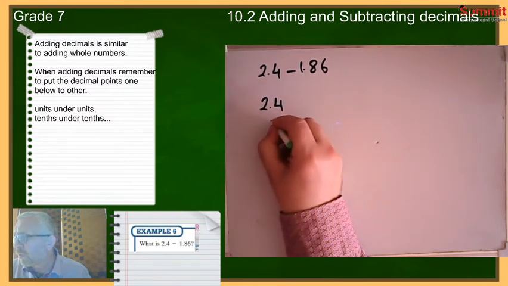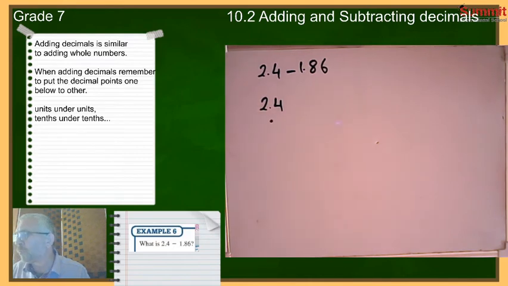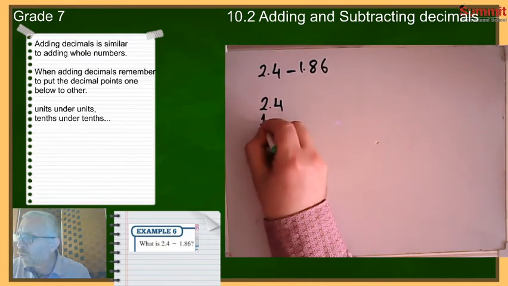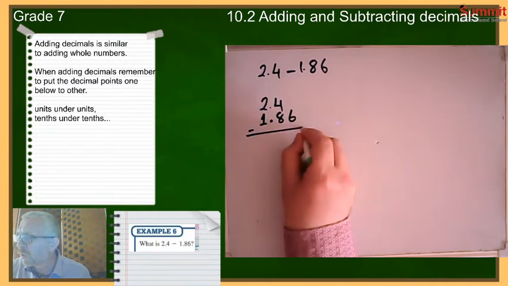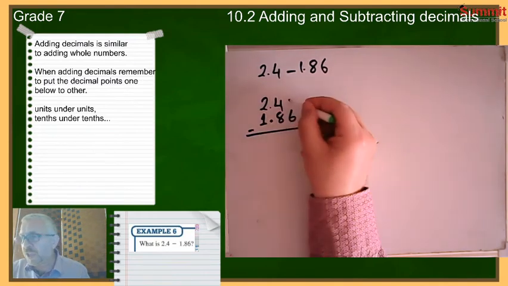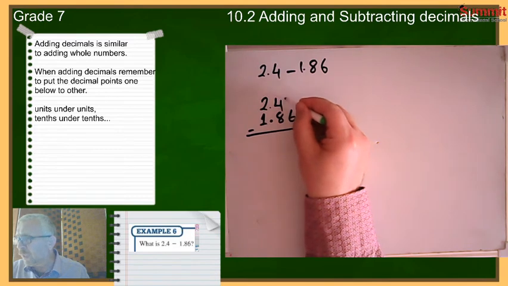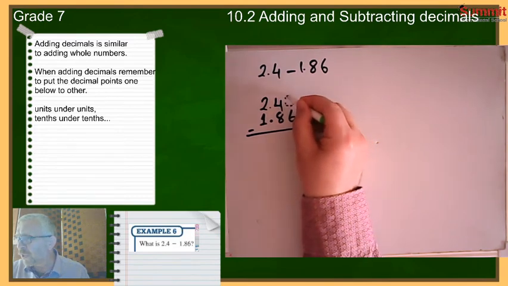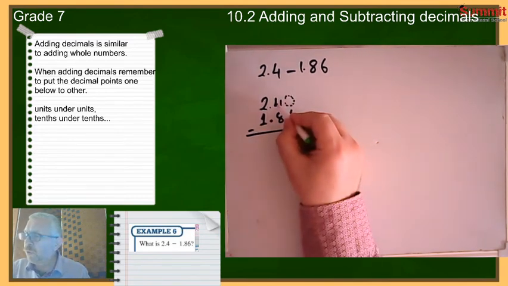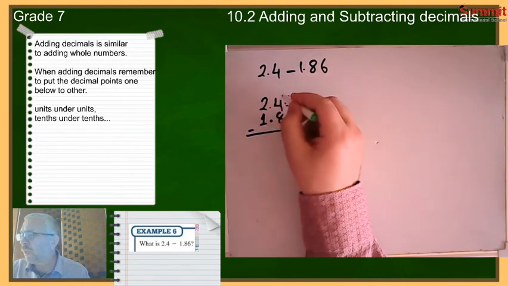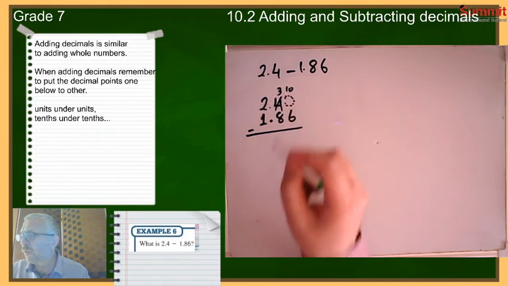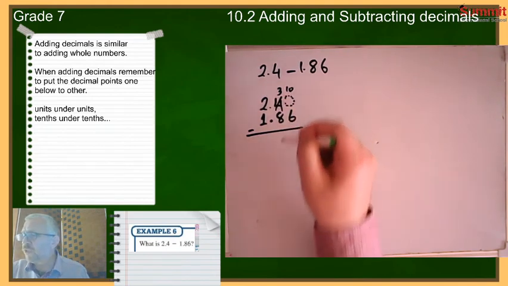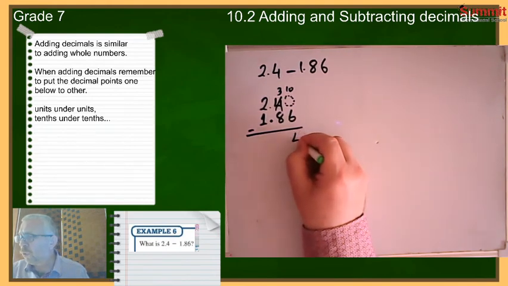Under decimal point, we are going to put the decimal point and 1 whole 86. Now let's do subtraction. There is nothing here. We are going to think there is a 0. Now we are going to come here. We are going to take 1 from the tenths here, and here we leave 3. Now 10 minus 6 will be 4.